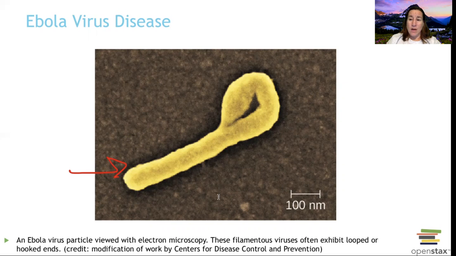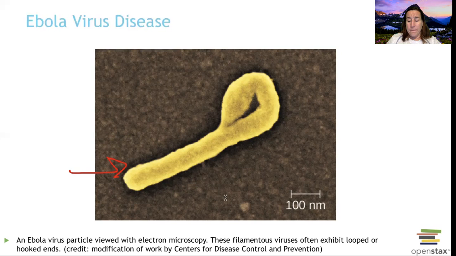So people that are not using proper PPE when handling patients are very likely to come into contact and come down with Ebola virus. It affects healthcare workers often when these outbreaks happen.